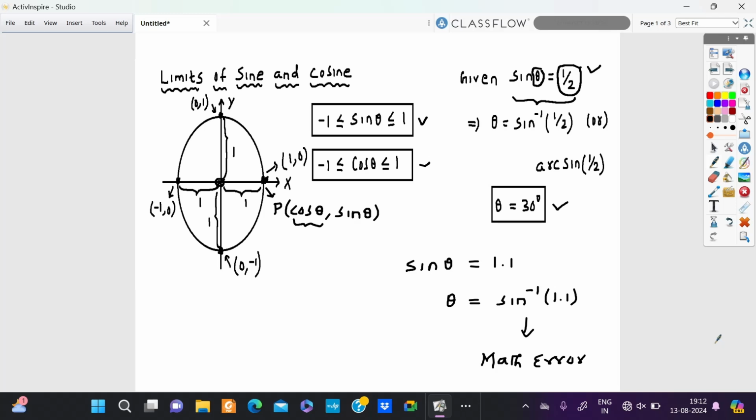So please recheck your calculation. This very often happens in official exams, that I've seen students struggle over and over. All right. So therefore, just to make sure that sine and cos has limits from -1 to 1, it means that sine theta is equal to a particular value or cos theta is equal to a particular value, that value should lie between -1 to 1.